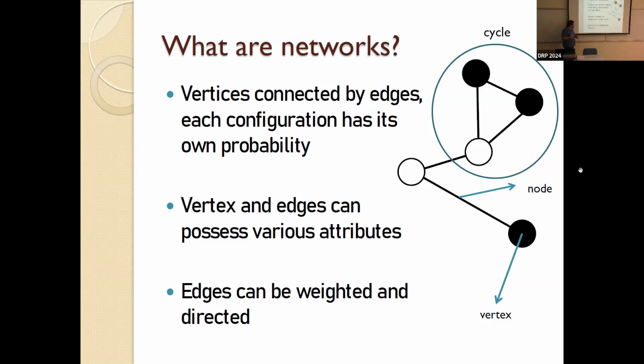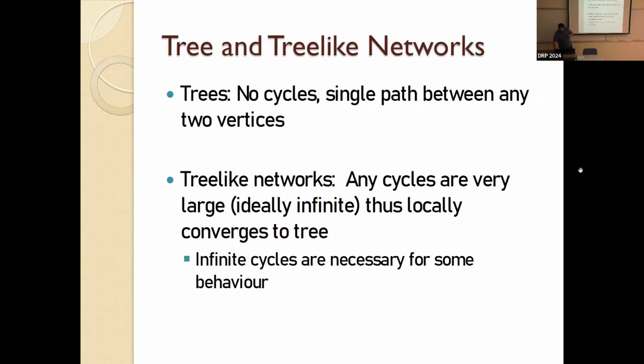So one property that I would like to highlight while we're in this slide is this concept of a cycle, in which from one vertex to another, there's more than one path. Because now we will see the antithesis of it, which would be a tree network in which there is no cycle and any two vertices are connected only via a single path.